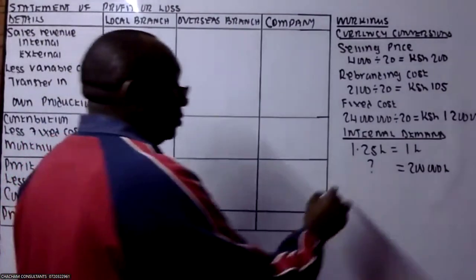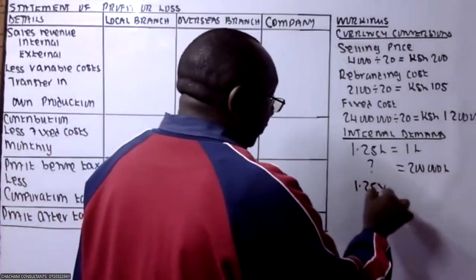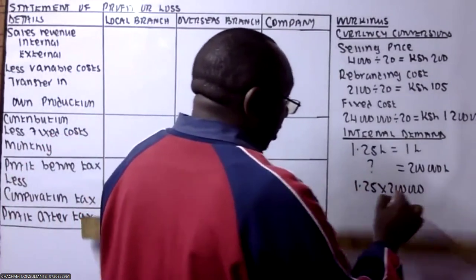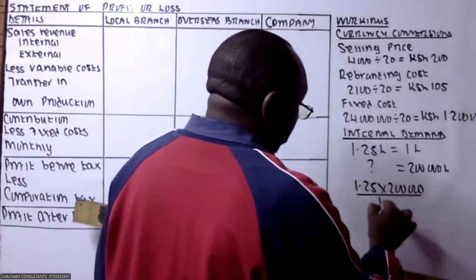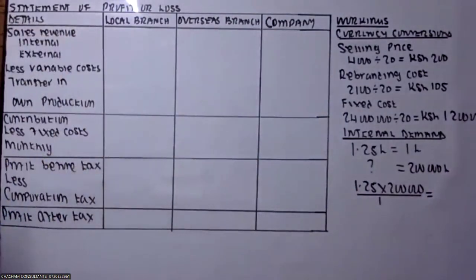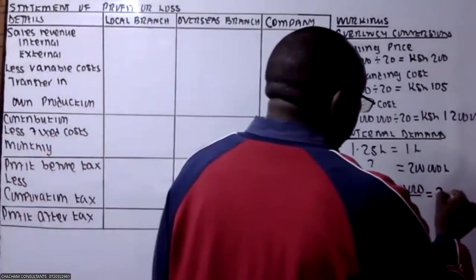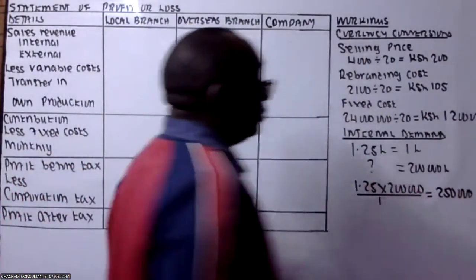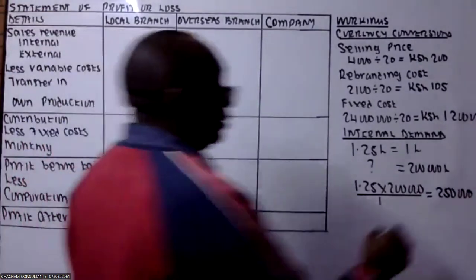This one becomes 1.25 times 200, divided by 1, so that we know what the internal demand is. It is 250,000 liters.